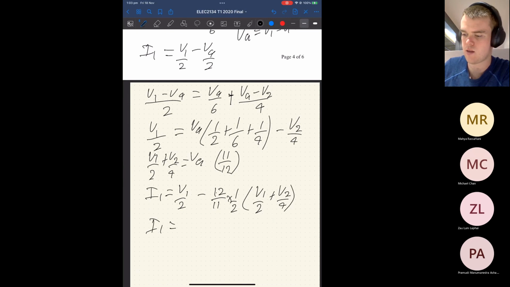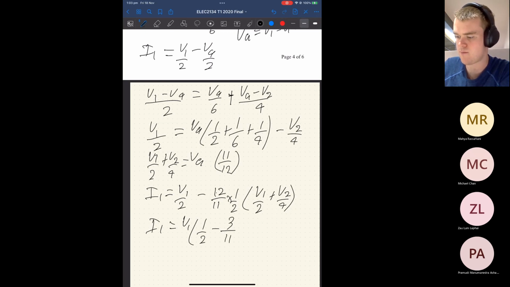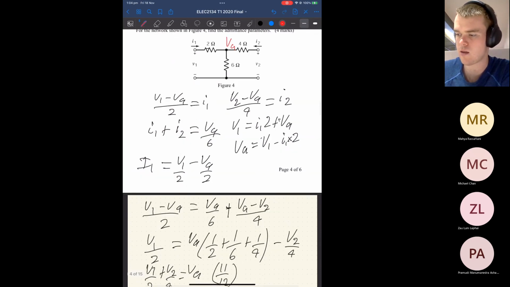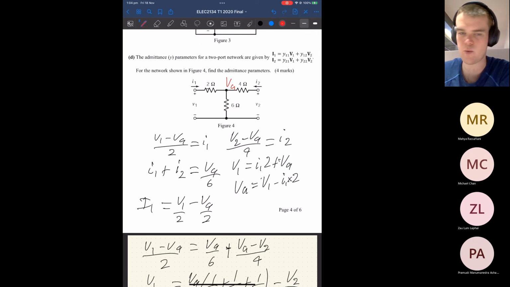So then I1 is equal to V1 of (1/2 minus 3 on 11) minus 3 on 22 times V2. Now that value there and that value there, including the negative, is y11 and y12.